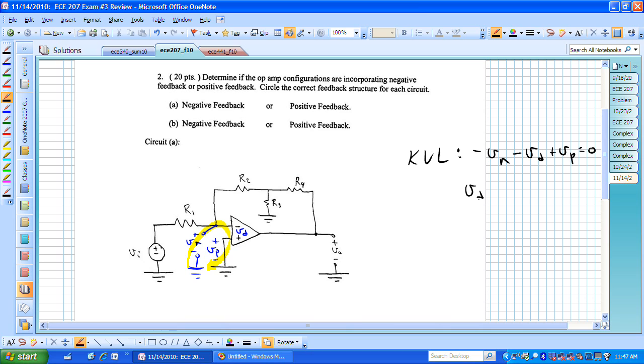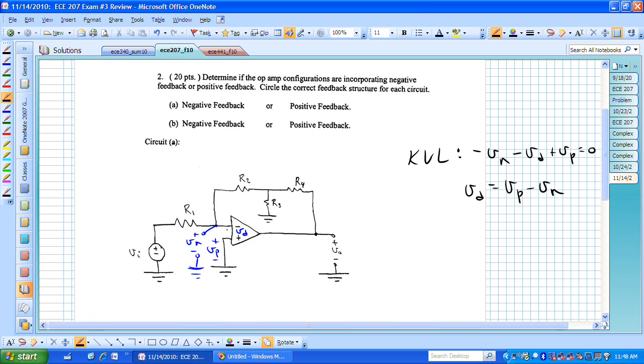Or V sub D, if we take it on the right hand side, negate both sides, or multiply by -1, and then put the V sub P and V sub N on the other side, we see that this difference voltage between the non-inverting and inverting terminal of our op-amp is just the difference between the voltage levels at the non-inverting terminal plus and the inverting terminal minus.